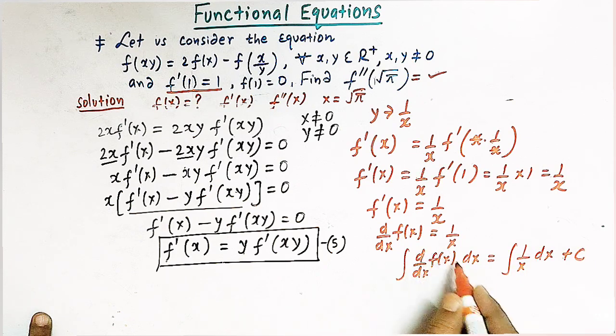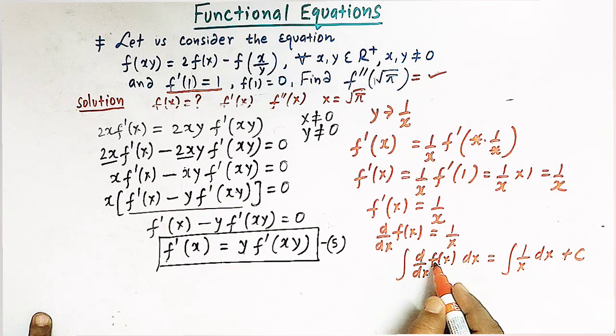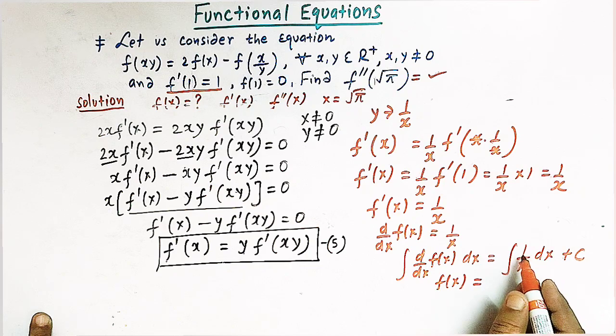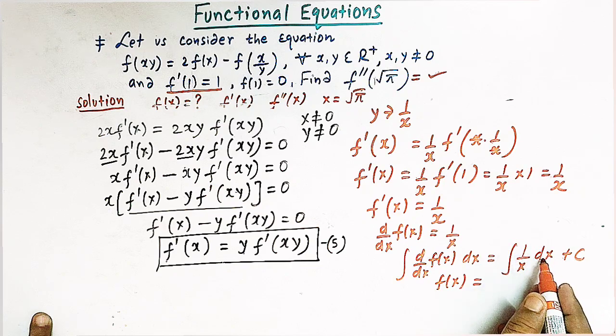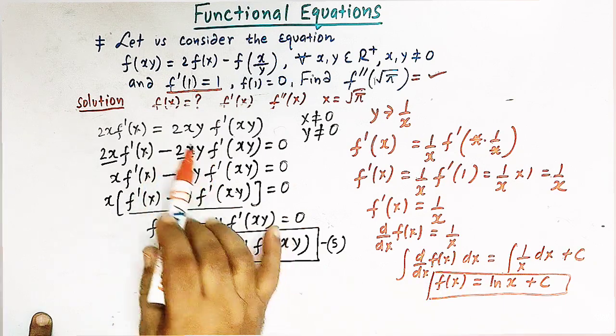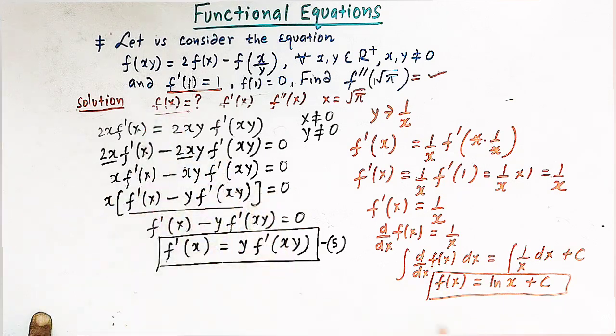So the integral of the derivative of f of x is simply f of x, and the integral of 1 over x dx is log of x, and c is the constant of integration. So now we have the form of the function, f of x is equal to the natural log of x plus c, where c is the constant of integration.